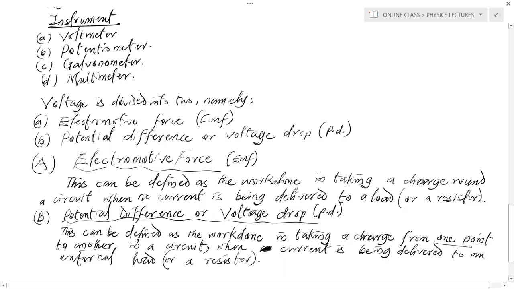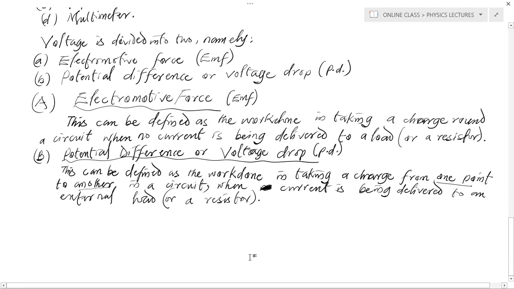So here you see the difference between the two. The other one takes it around the circuit, no current delivered to anything. But the second one is just from a point to another point, and there's a load in between there. Current is being delivered to it. So this is the difference between the two.